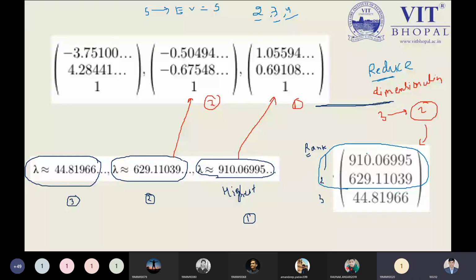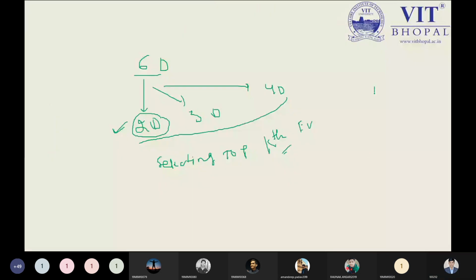Suppose I am getting 6 eigenvalues: 1, 2, 3, 4, 5, 6. I'm choosing only the top 2 eigenvalues, and from this perspective, I'm using the corresponding eigenvectors in my W matrix.